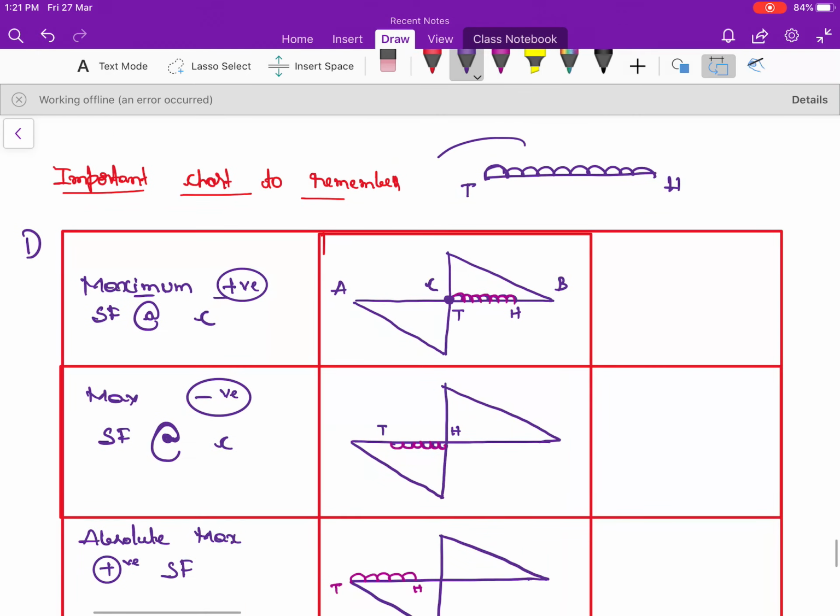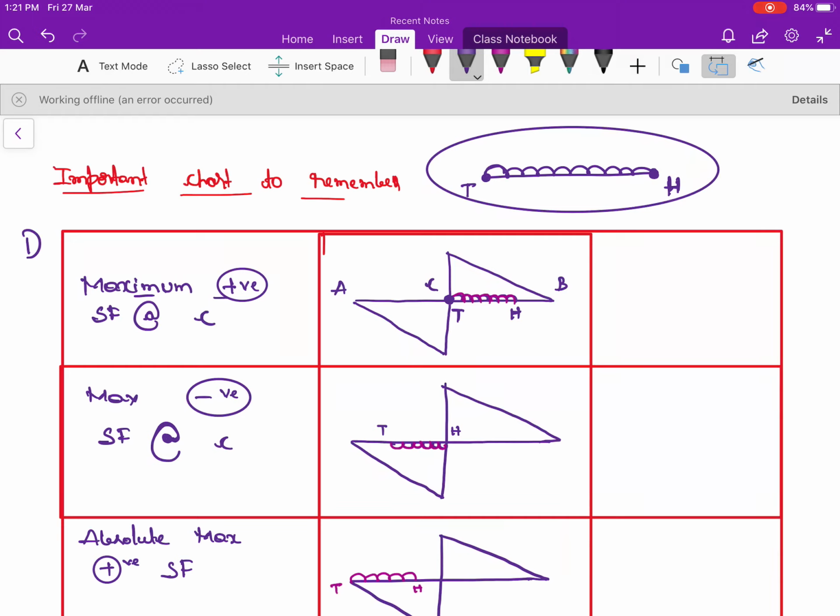See, this is the uniformly distributed load, and this point I'll call T because it is the tail end, and let me call this H, which is called the head end. In this situation you load the uniformly distributed load at point C towards the tail end, and the head should be here, so that with this pattern of loading you get the maximum positive shear force at point C.